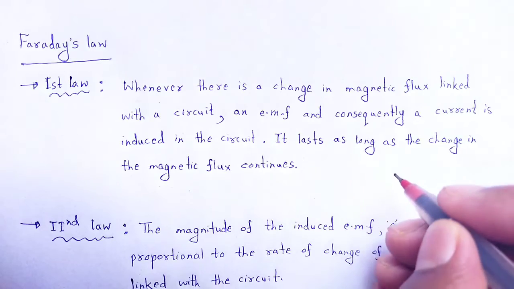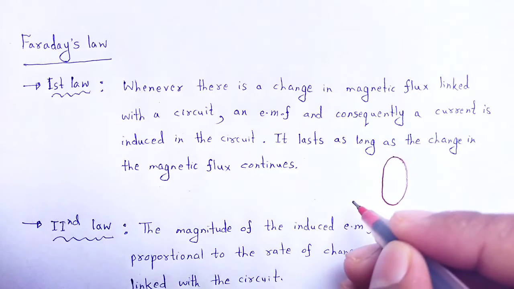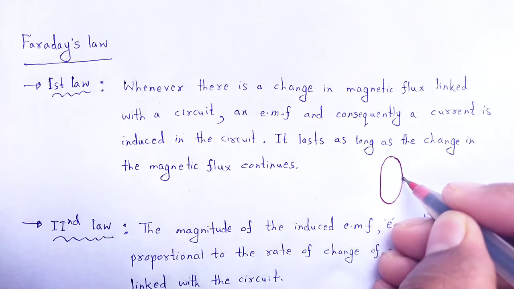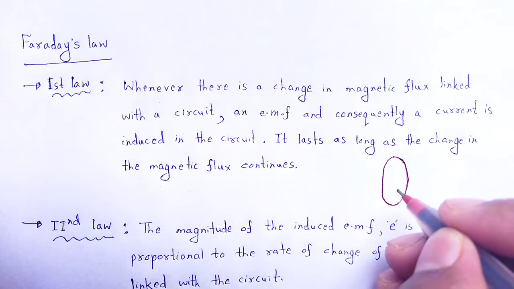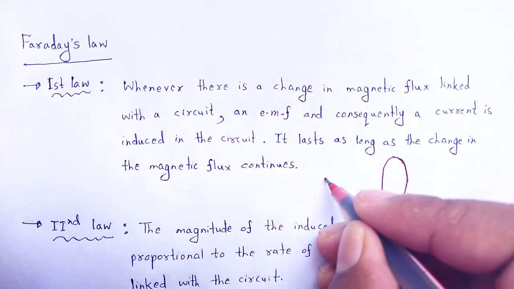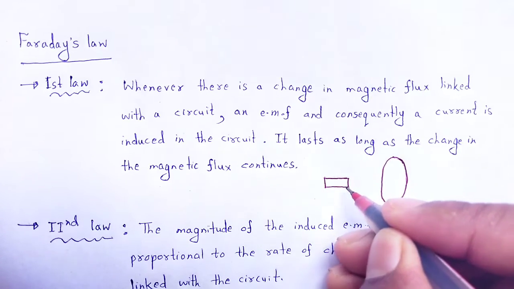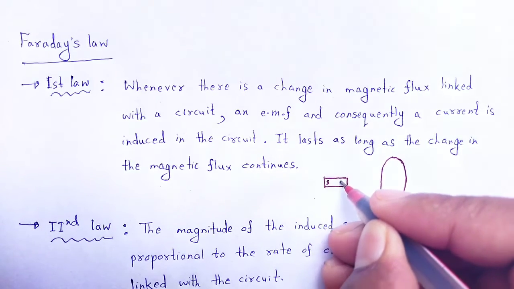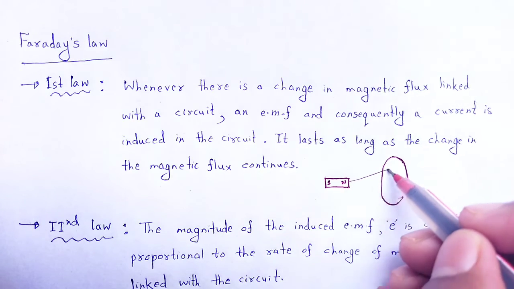Look here, if that be the coil, so here we need a change in magnetic flux, therefore magnetic lines are required. If I take a magnet here, south pole and north pole, the magnetic lines of force are there.